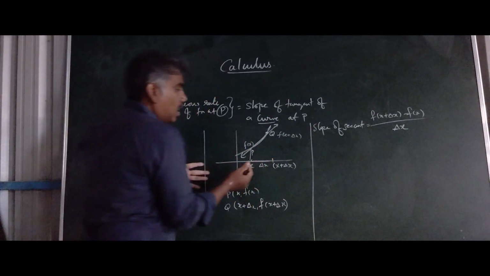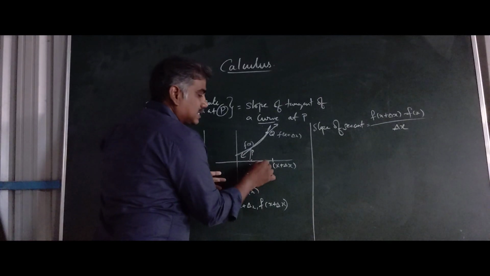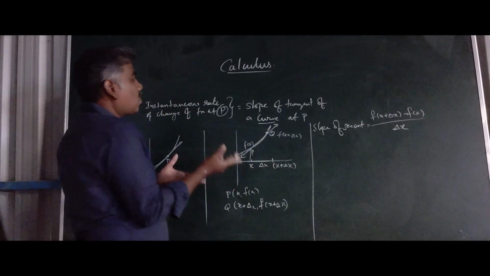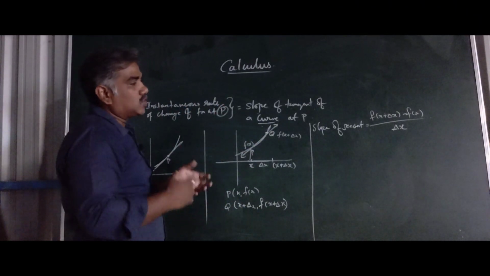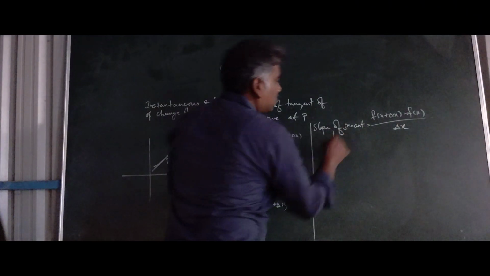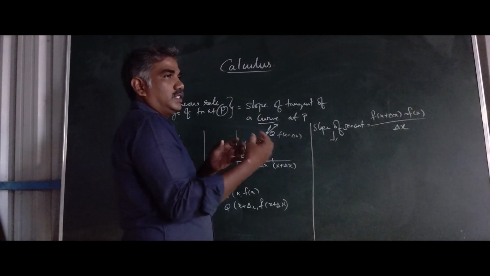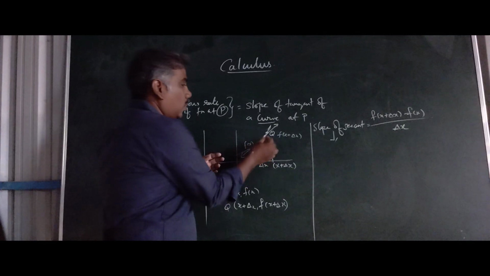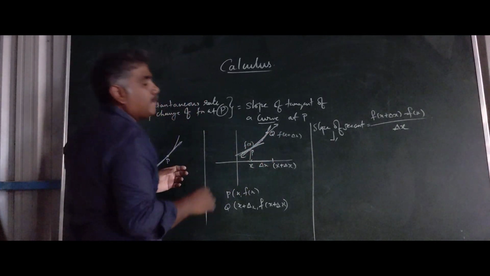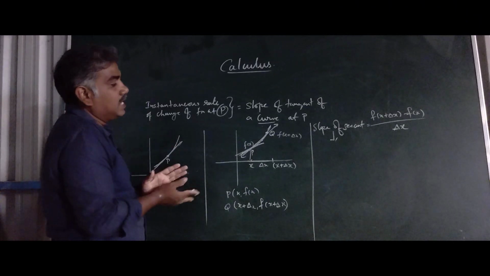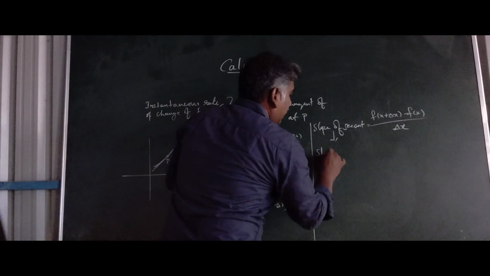So for that I have to decrease the distance del x to 0. There the concept of limit exists, and you will get the slope of the tangent. When you are approaching del x tends to 0, this point will come closer and closer, and you will get only the slope of the tangent.